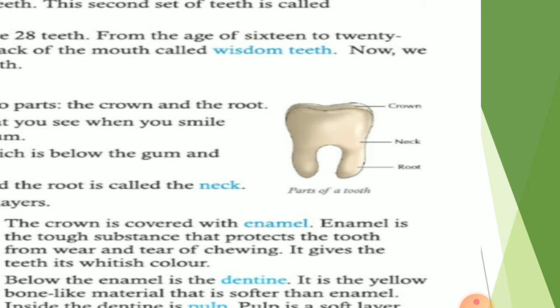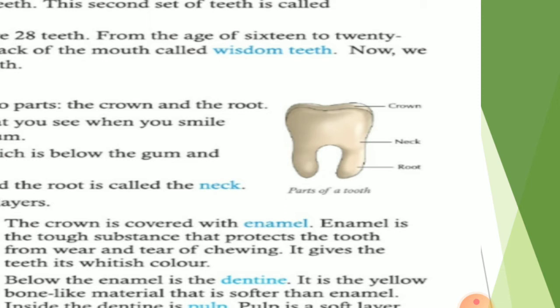The portion of a tooth that remains inside the gum is called the root. This portion we cannot see because it remains inside the gums, and the particular region just between the crown and the root is called the neck. So this was the outer structure of a tooth.